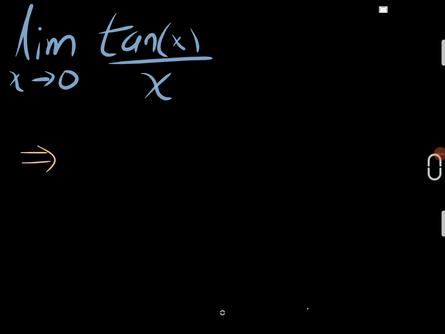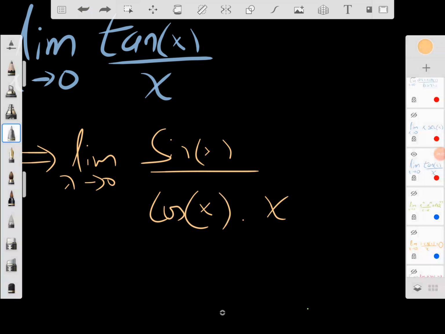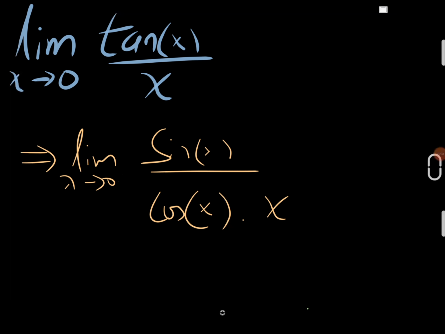We know what tan x is. Tan is sine by cos. So let us write that: limit x tends to 0, sine of x divided by cos of x into x. So sine by cos is tan, right? Now what do we see here?